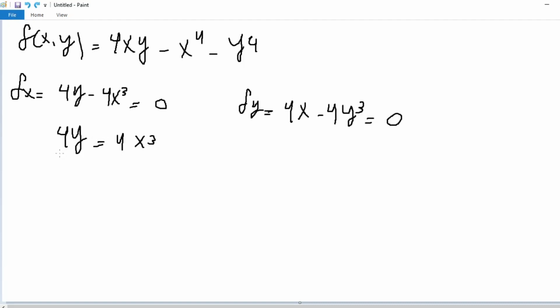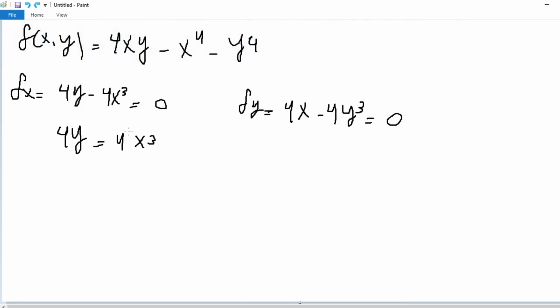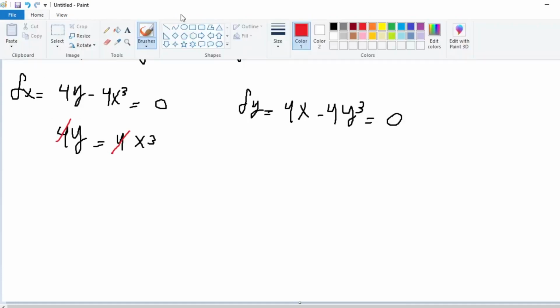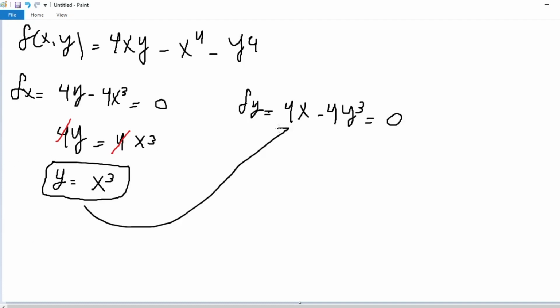So let's divide both sides by 4. The 4 here and here will cancel, so the solution solved itself. Which gives us y equals x to the third. So this is the first hint that I took. From here, I can insert this into the second equation.